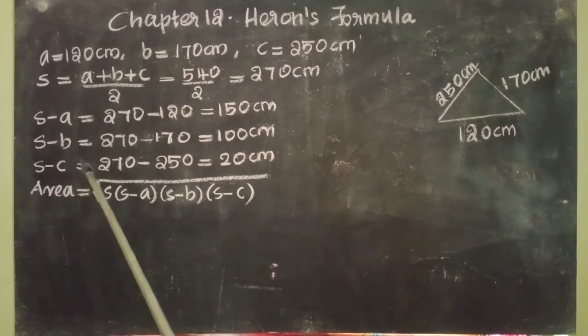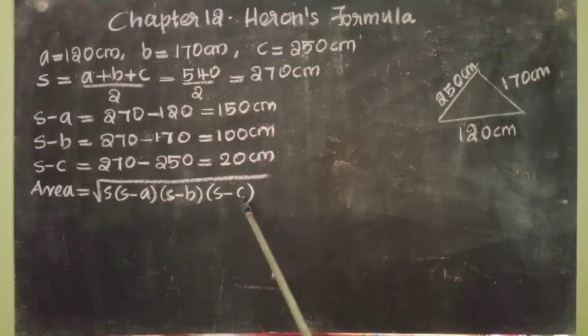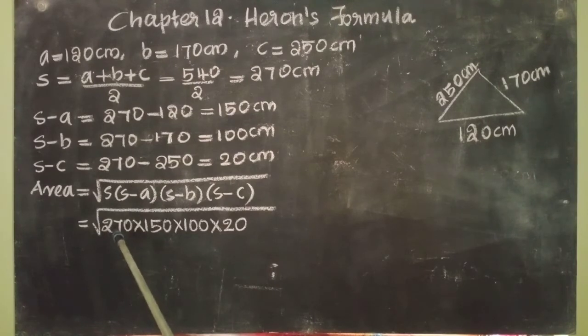Area equal to root of s into s minus a into s minus b into s minus c. That is equal to root of 270 into 150 into 100 into 20. Since all are the multiples of 10, let us factorize it as a product of 10.